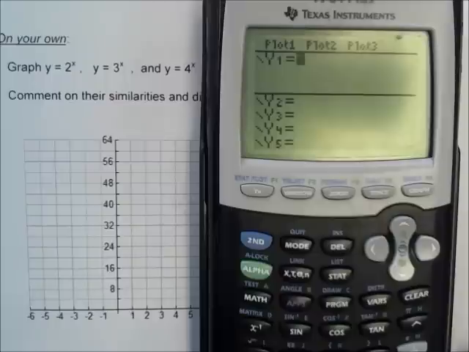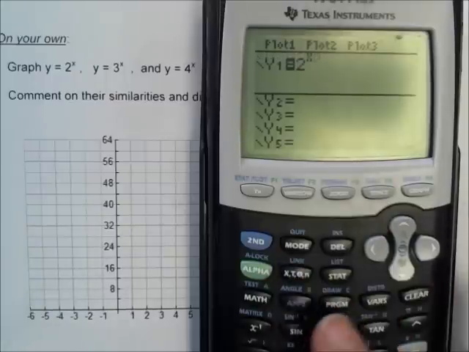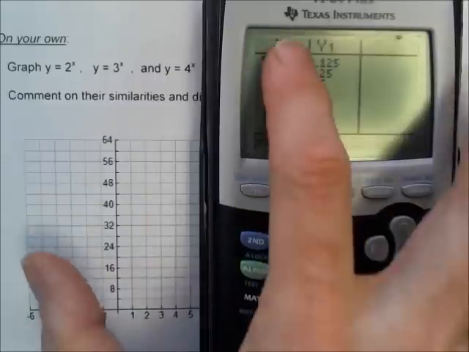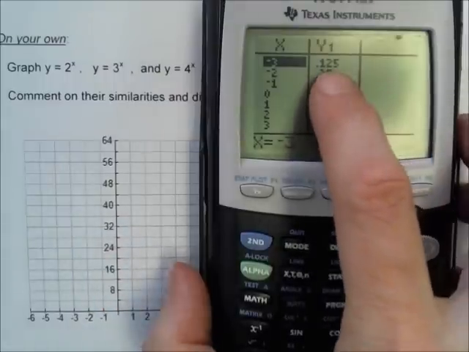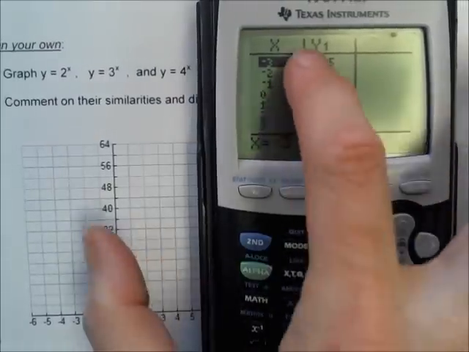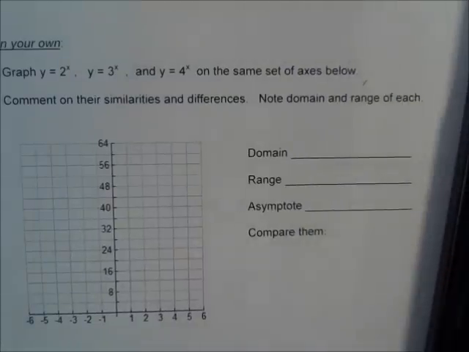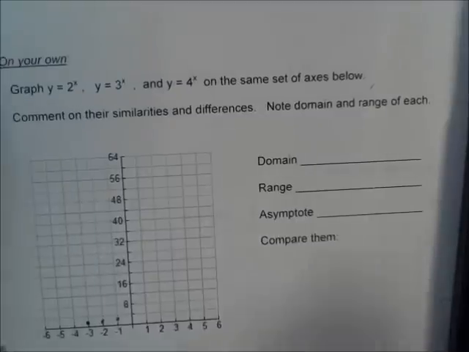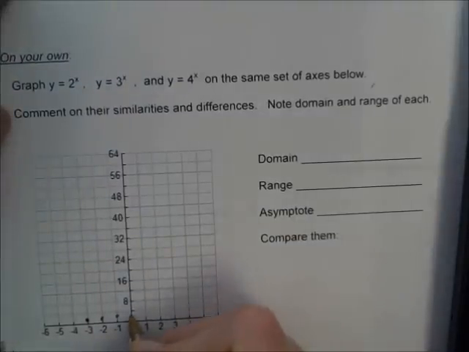Y is equal to 2 to the power of x. And let's look at the table of values. We had these same values: 0.125 is the same thing as 1/8, 1/4, 1/2, and 1. So 2 to the x has these values, and we'll just plot those here. -3, 1/8, -2, 1/4, -1, 1/2, 0, 1.